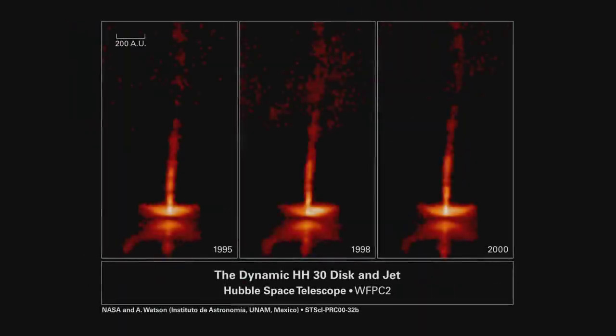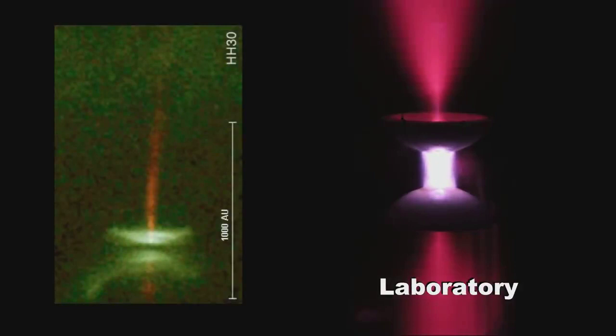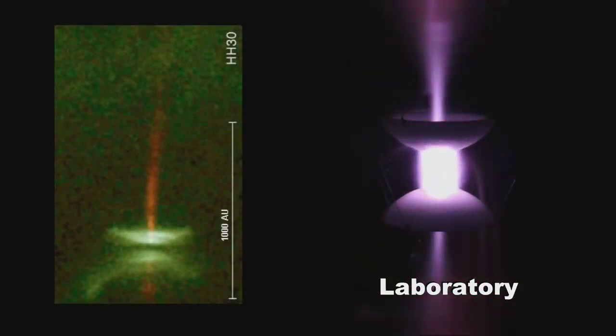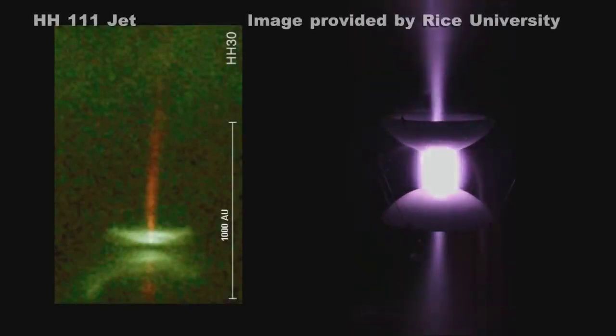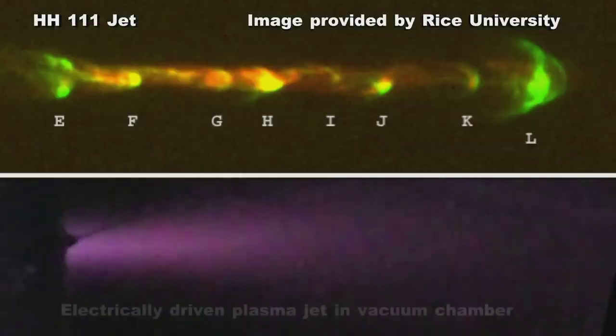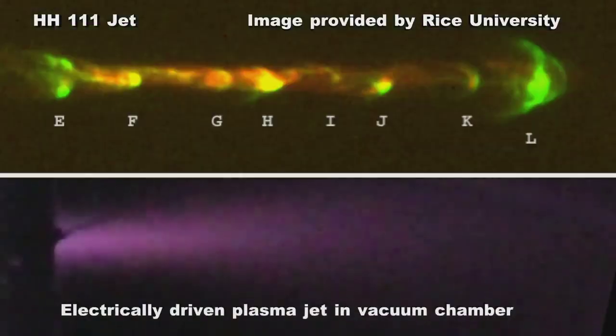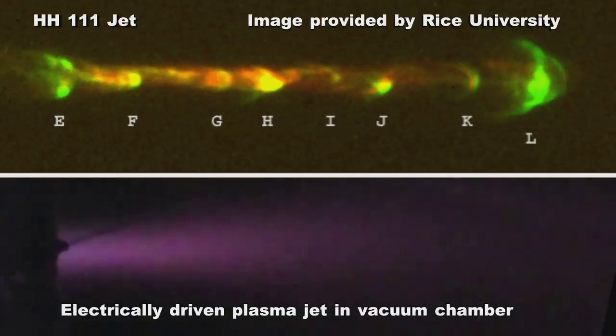HH-30 is another example of bowl-shaped magnetic fields with the ejection jets in line with the axis of HH-30. The externally electrically driven plasma jet, as shown in the lower image, is very steady and it fades gradually, whereas the jet of HH-111 has dramatic pulse formations and a sudden cutoff at the tip.